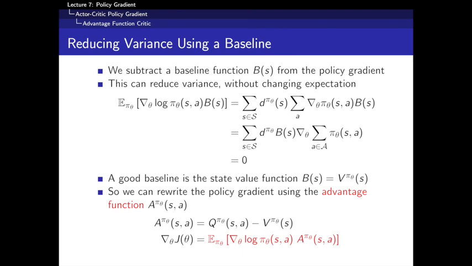This is a probability distribution, so it must sum to 1. So now we have the gradient of 1, and the gradient of a constant is always 0. So this whole term is actually 0. This whole term that we're adding or subtracting is zero mean; it has zero expectation. So it's completely legitimate to add or subtract any term of this form.